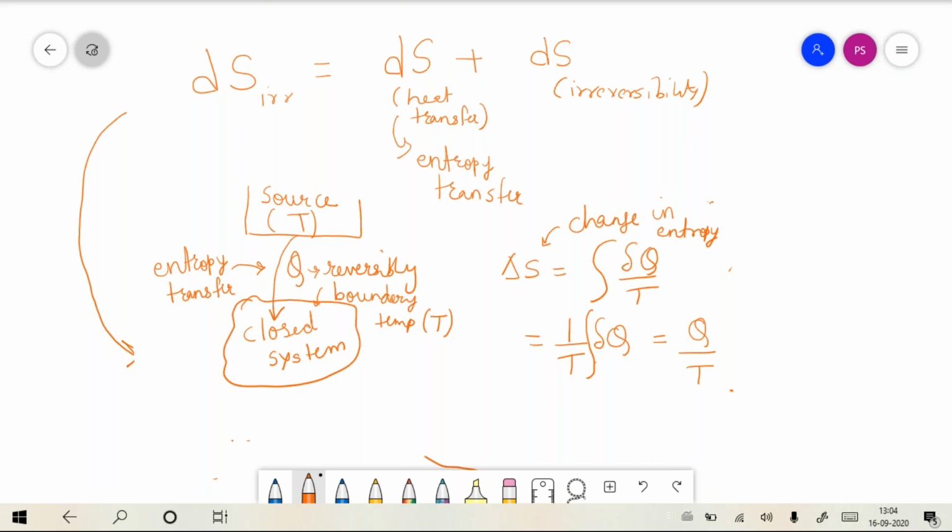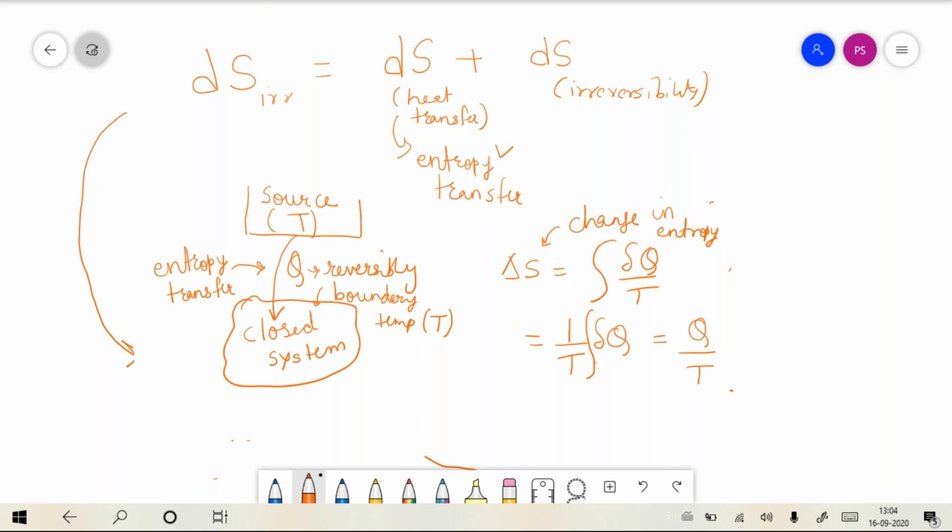Why? Because of the heat transfer, there would be a change in the molecular disorder, and that molecular disorder is captured by the term called entropy. So one reason for change in entropy is the heat transfer, and we can say that this entropy has changed because of the transfer.